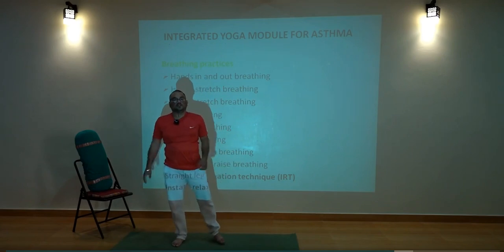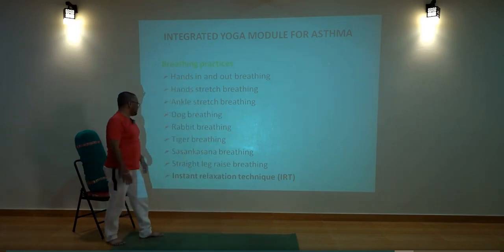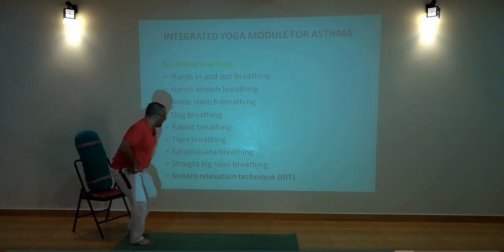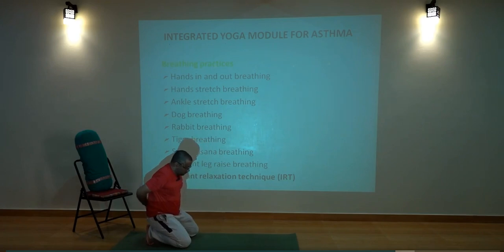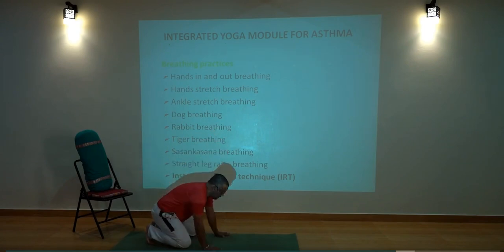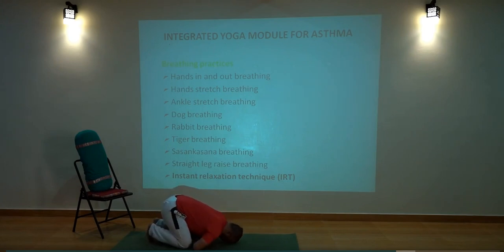With your own speed. Shashankasana breathing. In Shashankasana, we lie down in the Shashankasana pose. You can place your fist under your abdomen and bend forward, holding it in your lower lobe, working on the lower lobe here, then stretching, and then breathe.